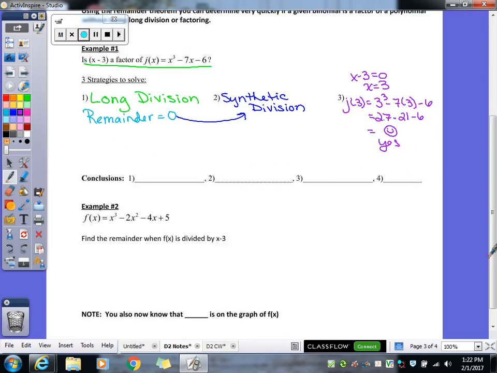So because of this remainder theorem, the things that we can tell is x minus 3 is a factor of that polynomial. We can also tell that (3, 0) is an x-intercept.